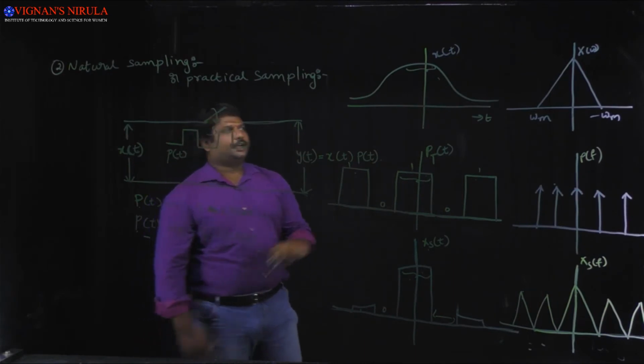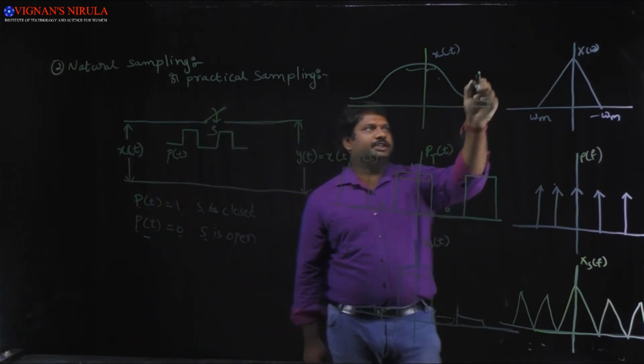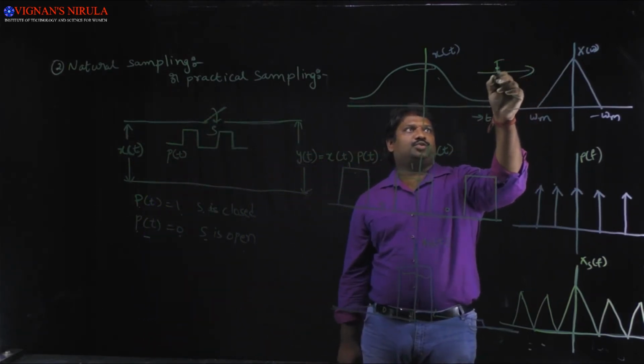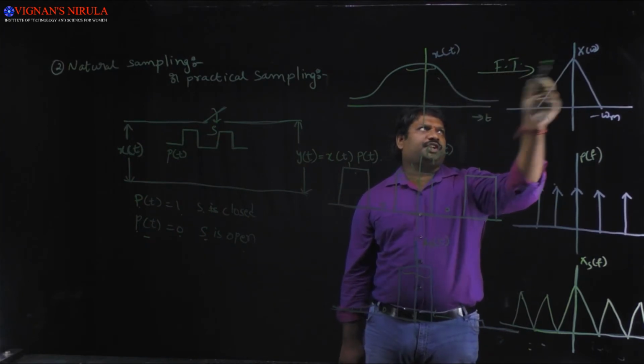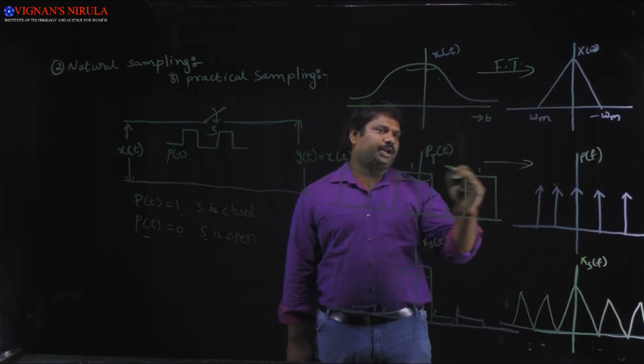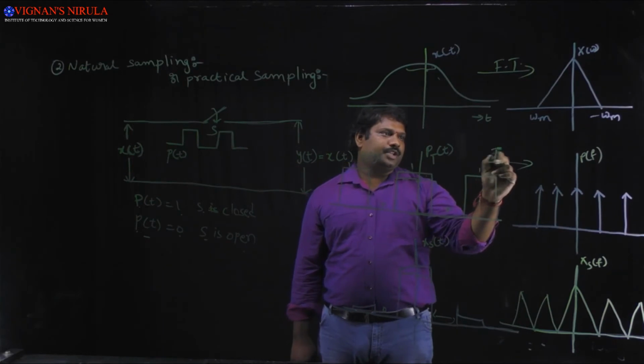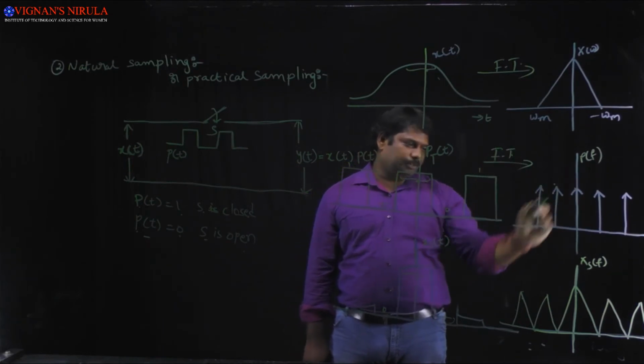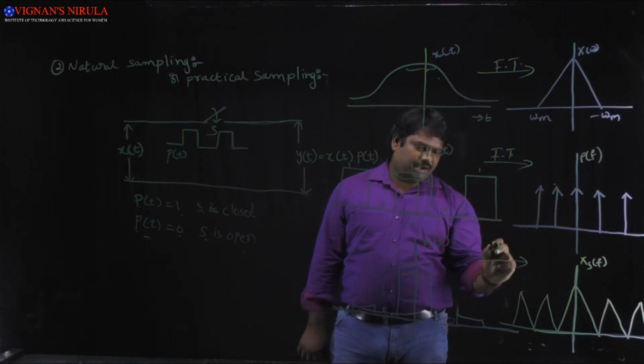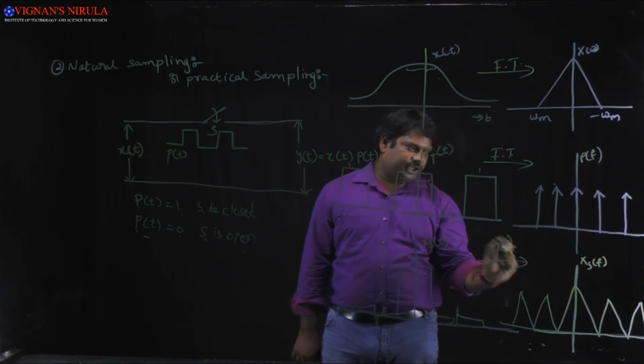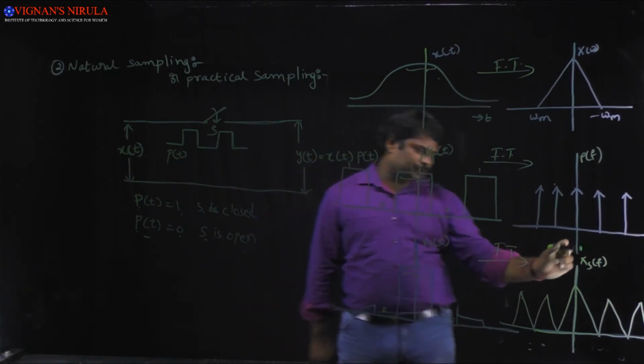Next, the corresponding frequency domain representation, that is the Fourier transform. The Fourier transform of x of t is x of omega, the Fourier transform of p of t is p of f, and the Fourier transform of xs of t is xs of f.